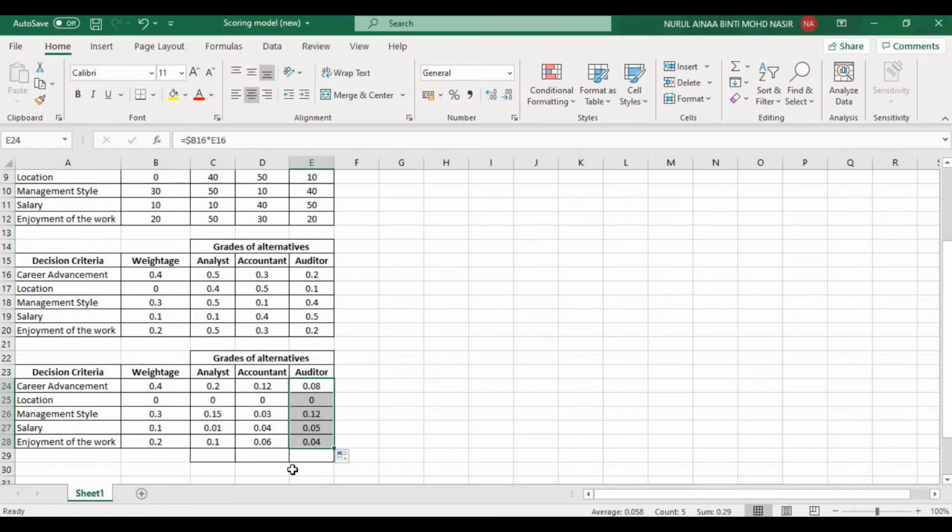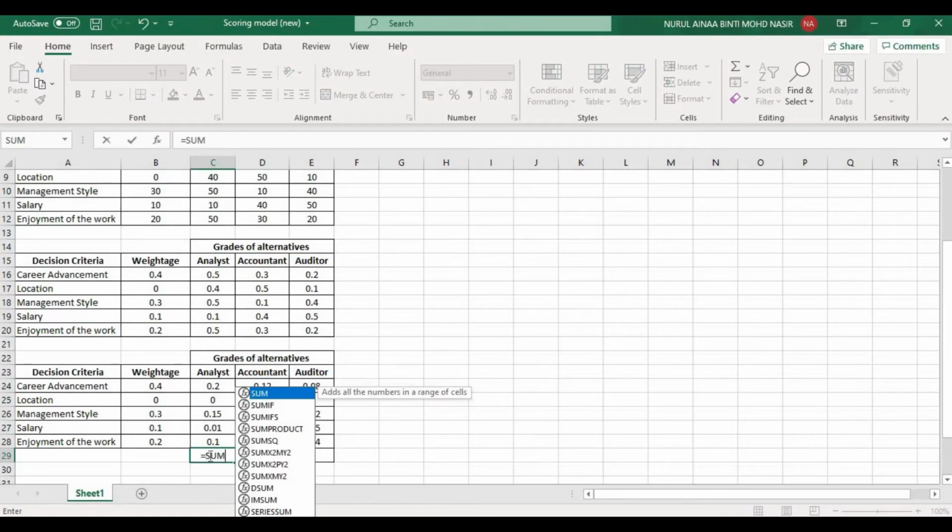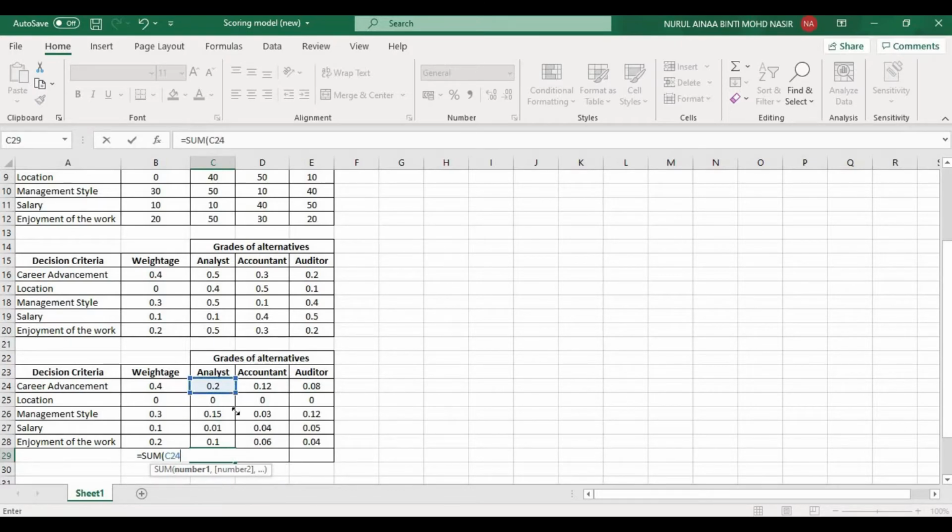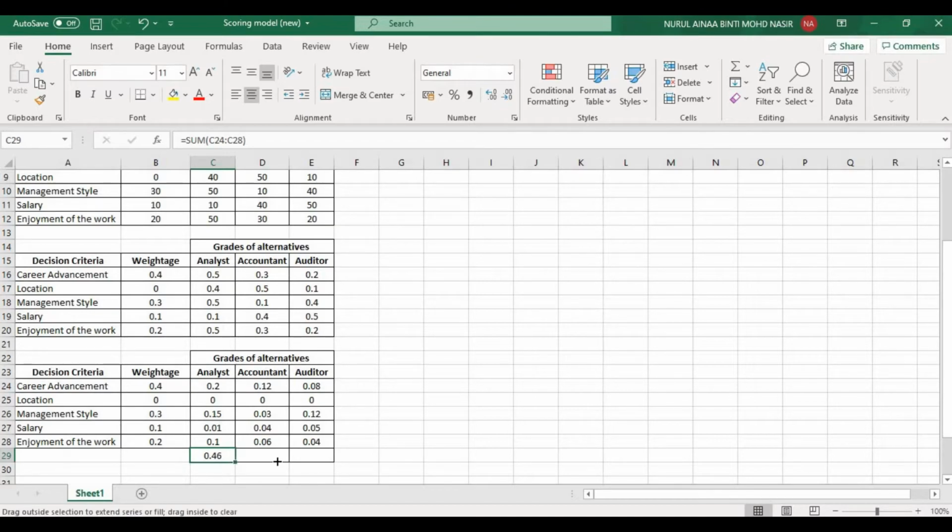Then the score for the analyst position is calculated in cell C29, which is equal to sum, and then drag this over C24 until C28. Copy the formula in cell C29 to cell D29 and E29 to provide the scores for the accountant and auditor.